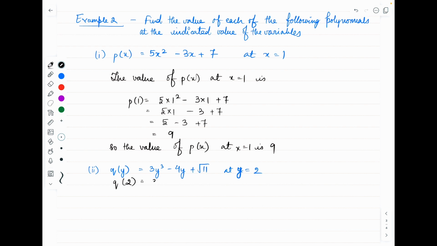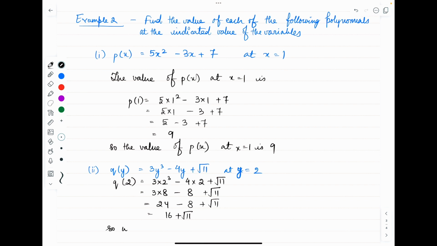That is 3 into 2 cube, minus 4 into 2, plus root 11. 2 cube is 8, so 3 into 8 is 24, minus 8 plus root 11. 24 minus 8 is 16 plus root 11.